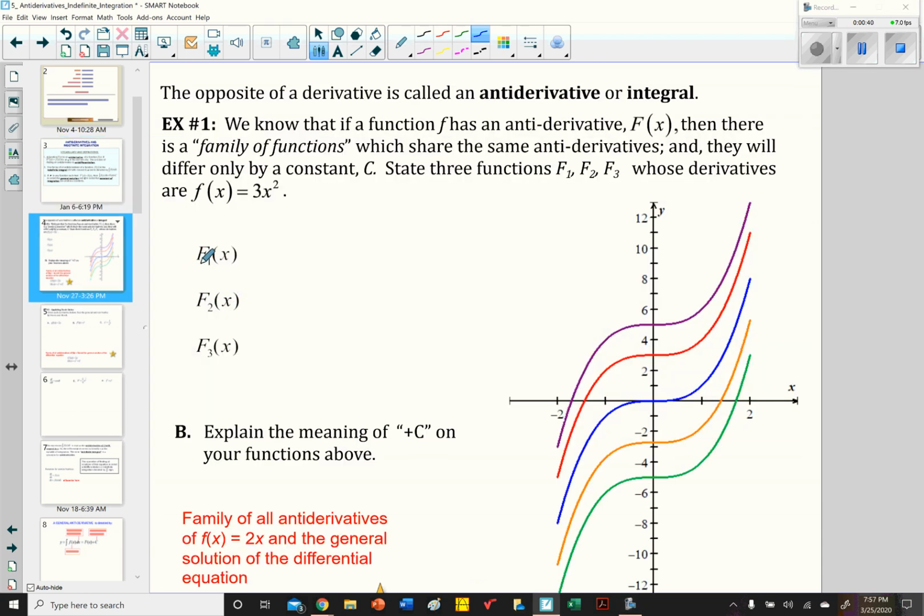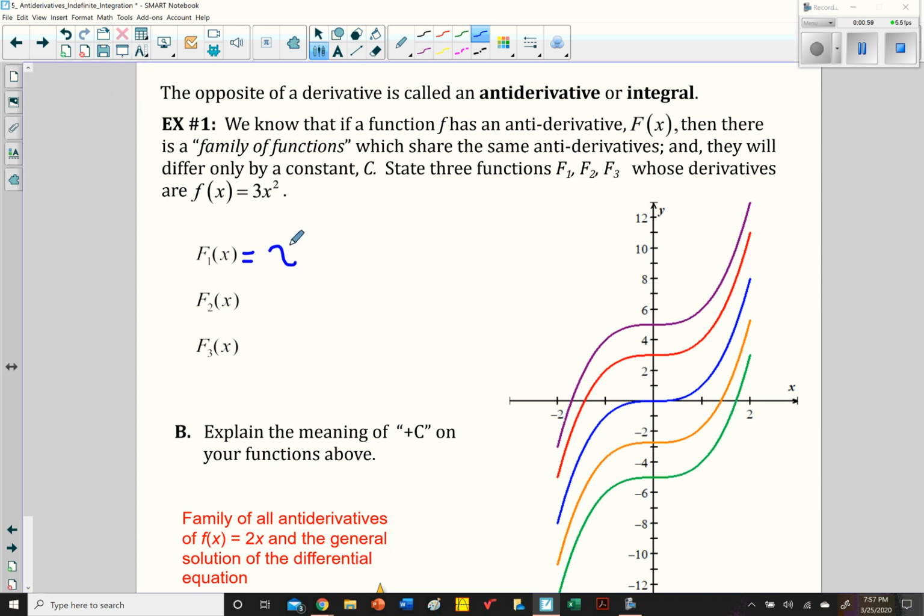Graphically, here's an idea of that. Let's say we know that a function f has an antiderivative capital F, then there's a family of functions which share the same antiderivatives, and they will differ only by a constant. For example, this purple function is a picture of the graph x cubed plus 5.